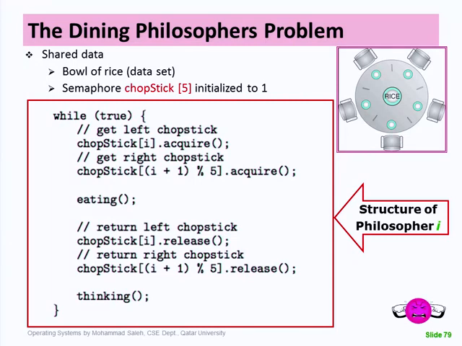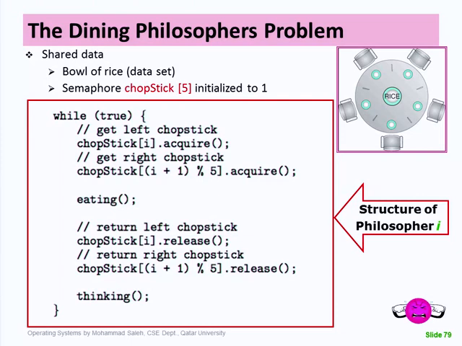You know the modulus there, why we have it, because we are numbering these semaphores 0 to 4 if they are 5, and then we have to iterate back, right? And once these two chopsticks, the resources needed for the critical section, are available, then we can start the critical section, which is basically eating, sleeping for a particular time. And then after that, releasing these semaphores. So you can call chopstick[i].release and chopstick[(i+1) mod 5].release, and then start the non-critical section, which is the thinking. Right? Can we have a deadlock here?